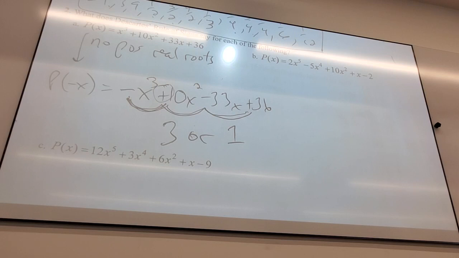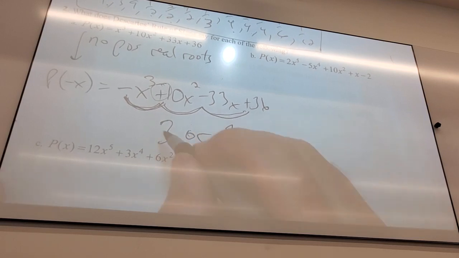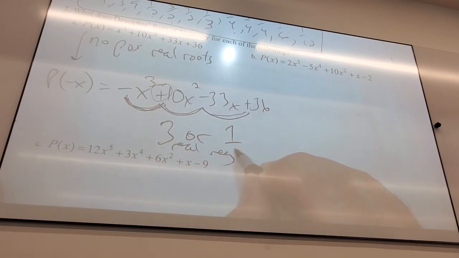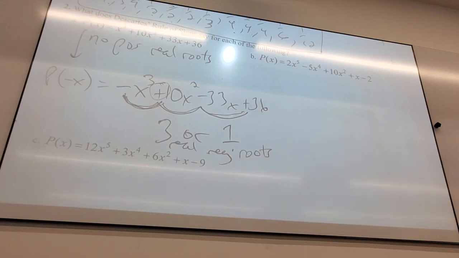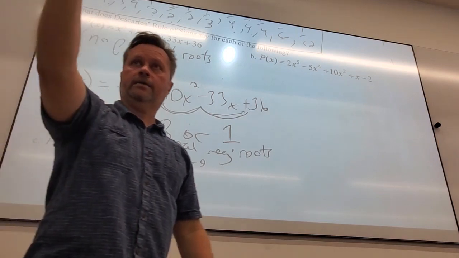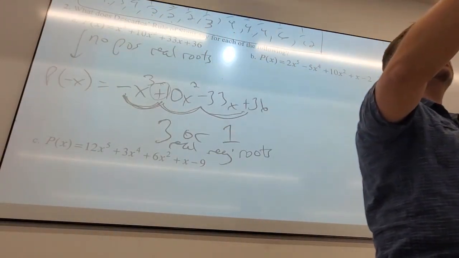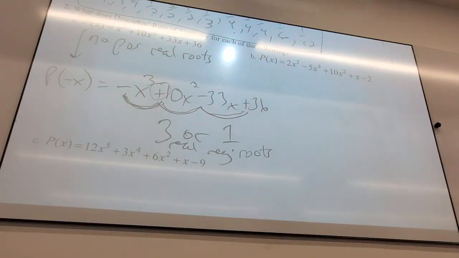Can you explain where the "or 1" came from again? This is 3 real negative roots, right? If it isn't real, it's complex. And how do complex numbers show up as solutions? They show up in pairs. So I can either have 3 negative real roots, or if some are complex, they have to show up in pairs.